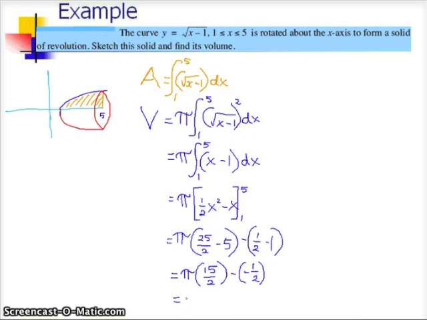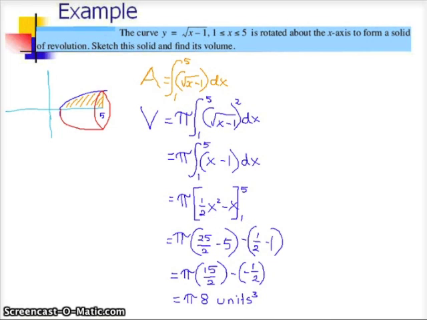And so what we end up with is pi times 10 over 2 plus a half, which is 16 over 2, which is 8. So we've got 8 times pi units cubed, because now we're talking about volume. Okay, so that's relatively straightforward.